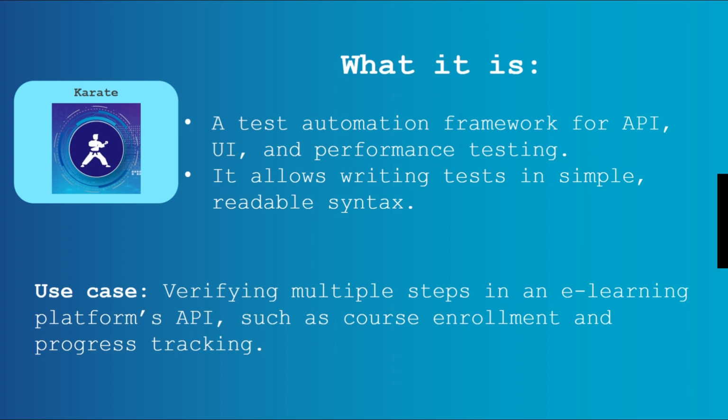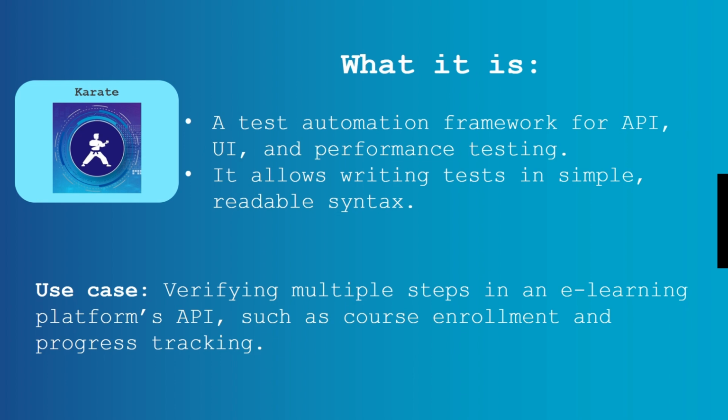And we use this tool for verifying the end-to-end flow of an API for an online learning platform, ensuring students can enroll in courses, complete quizzes, and view progress. And ginagamit po siya karaniwang ng mga education platforms, banking, and IoT services.